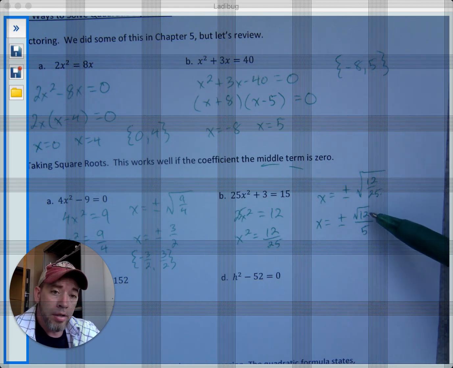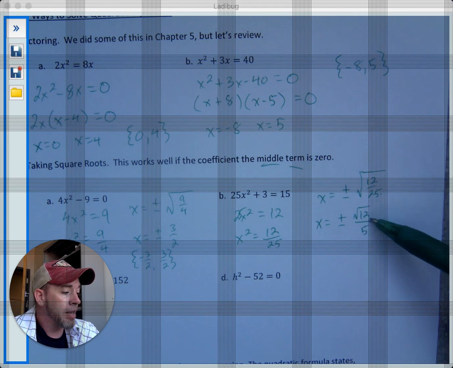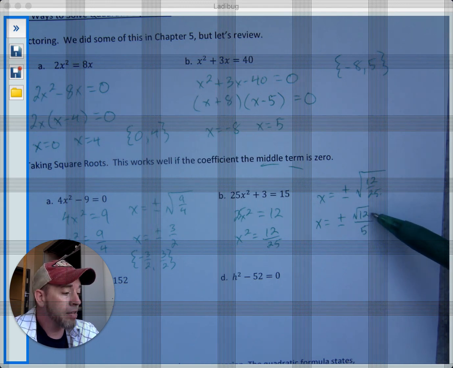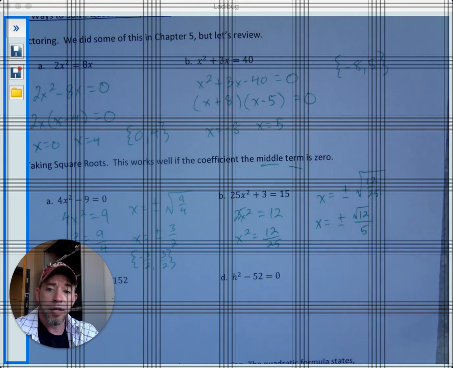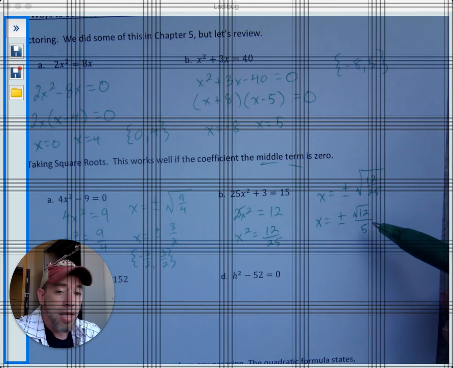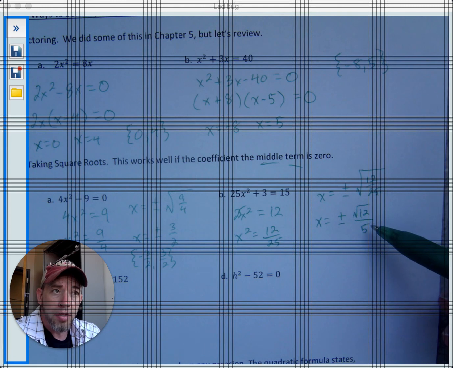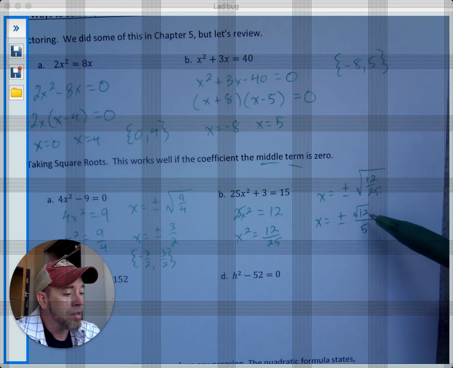But some radicals, remember, we can simplify, right? If there's a perfect square factor of 12, we can factor that out and get a smaller number underneath the radical. This happens to be, if we look at our perfect squares, 1 squared is 1, of course that's always going to go in there, but 2 squared is 4, and 4 does go into 12.